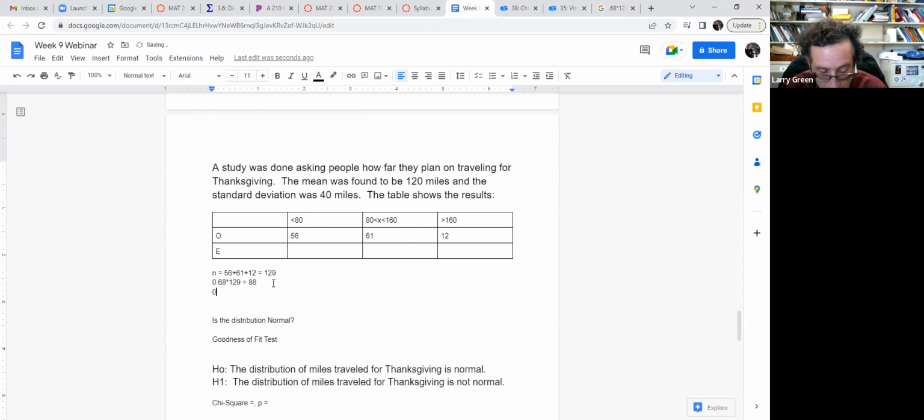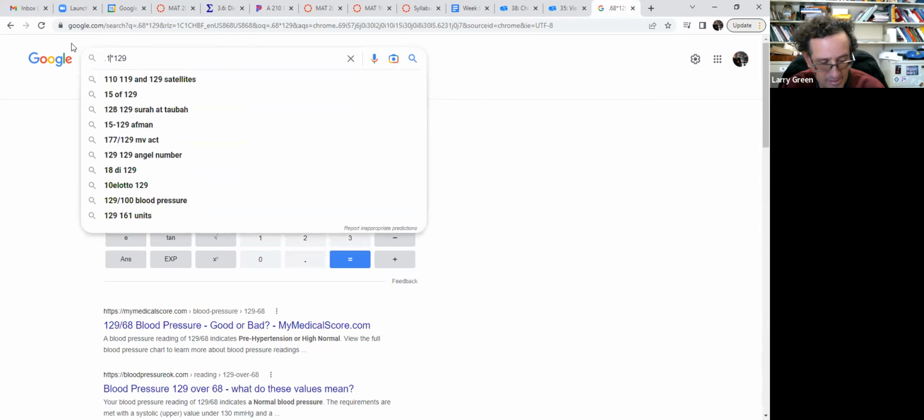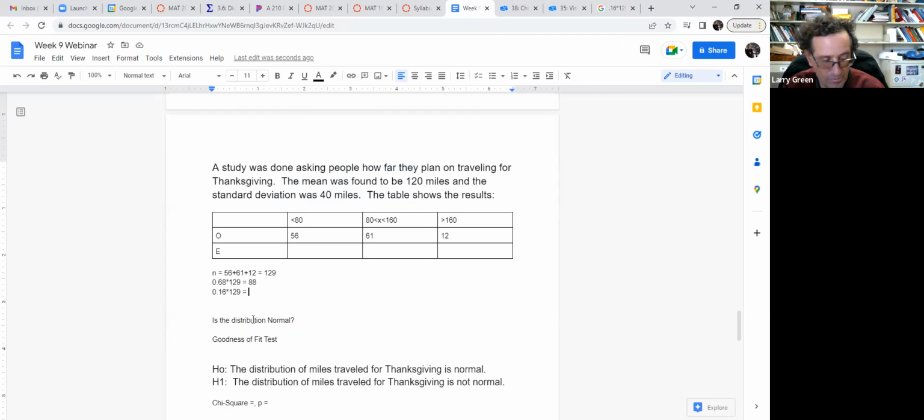So if I'm going to take 0.16 and multiply by 129, let's do that. I get about 21. So we would expect to have 21 less than 80 and also 21 greater than 160. It's symmetric. Any questions on how I came up with the observed and expected table?